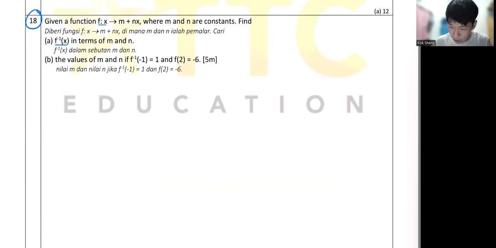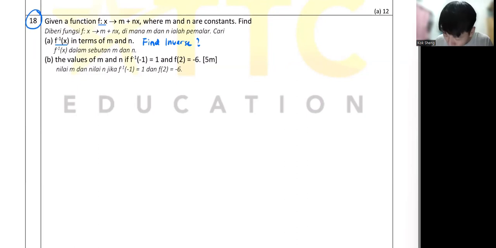So for question A, what are you finding? You're finding f negative 1 of x. This is the inverse, right? So basically, you just need to find the inverse of function f.